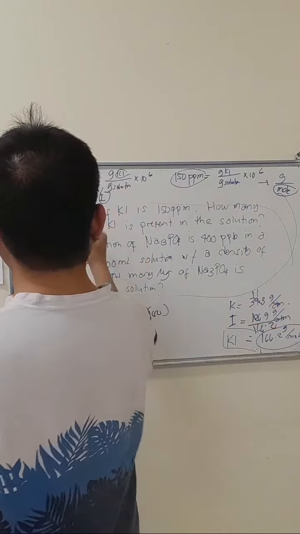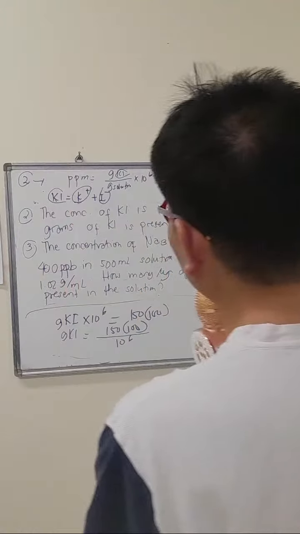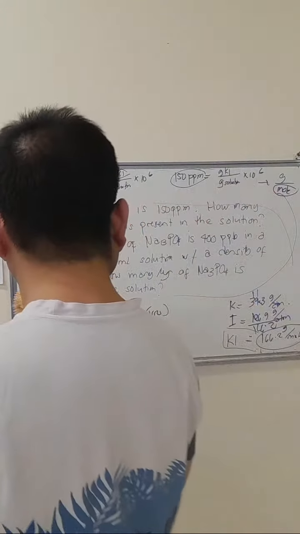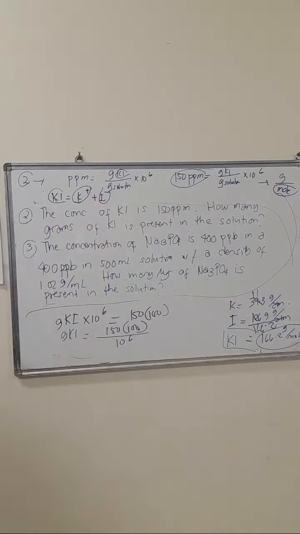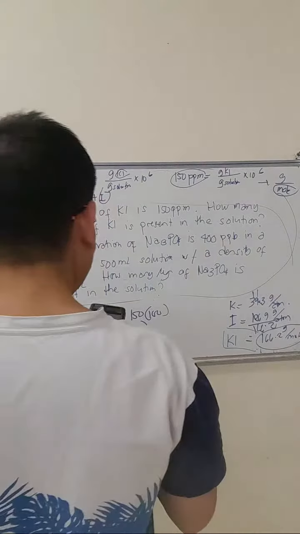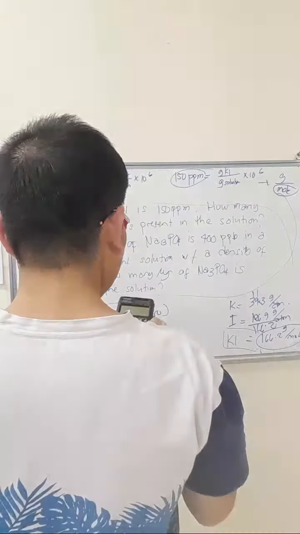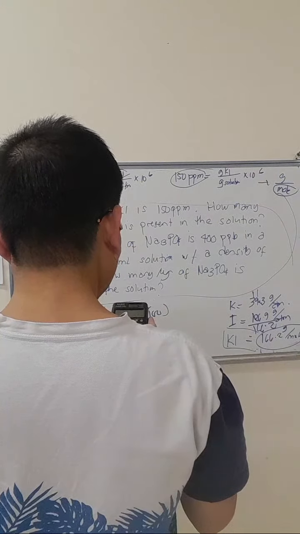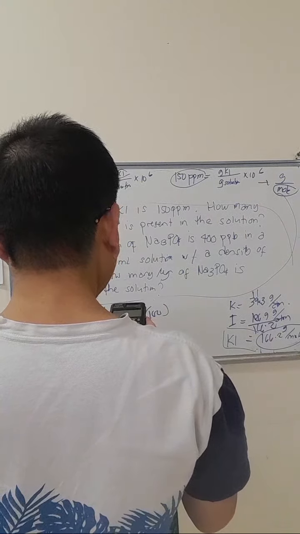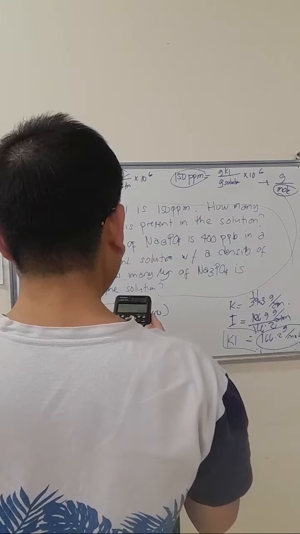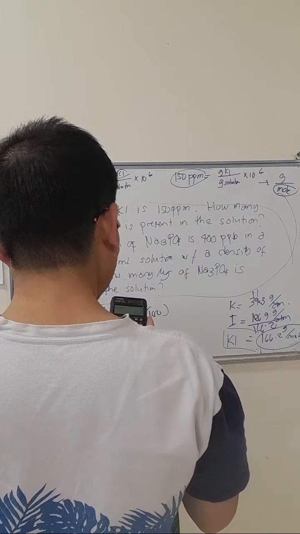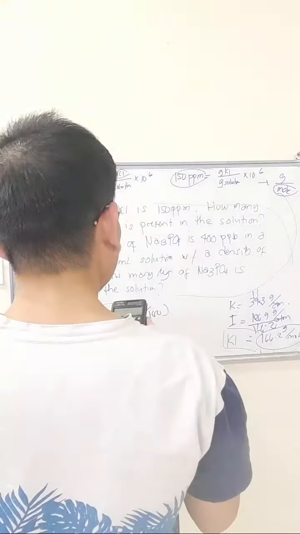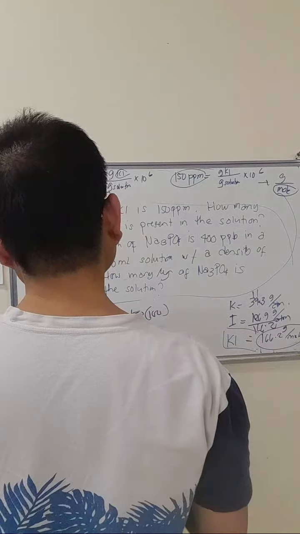And this is not a chemical reaction. This is only dissociation of potassium iodide in aqueous solution. So 150 times 100 divided by 10 to the exponent 6 is 1.5 times 10 to the negative 3.